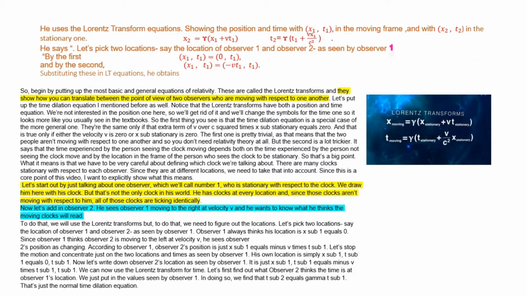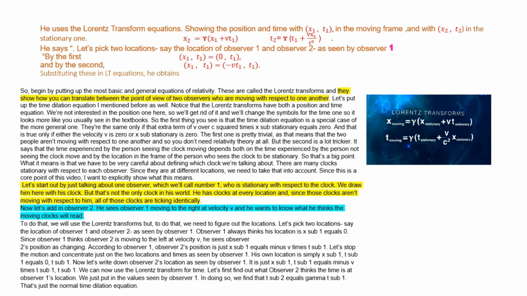He says, let's pick two locations, say the location of observer 1 and observer 2 as seen by observer 1. By the first, x sub 1 and t sub 1 are 0 and t sub 1, and by the second, x sub 1 and t sub 1 are minus v times t sub 1 and t sub 1.